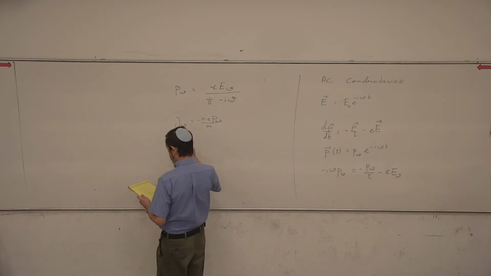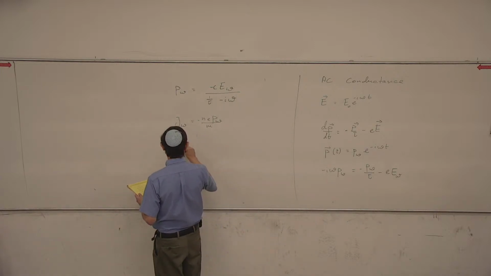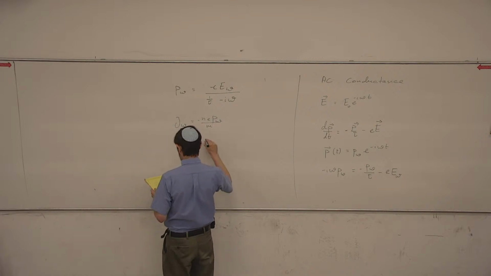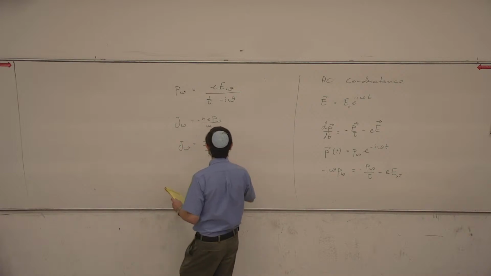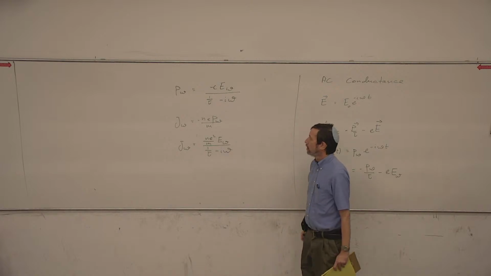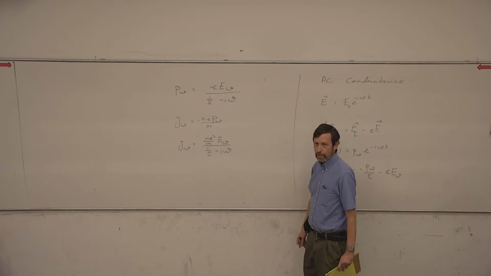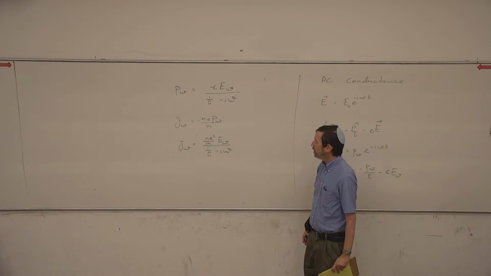So what we have here is, I just multiplied both sides by minus n e divided by n.